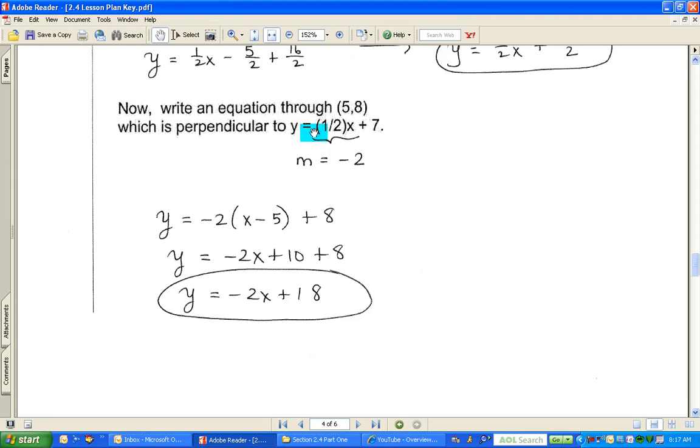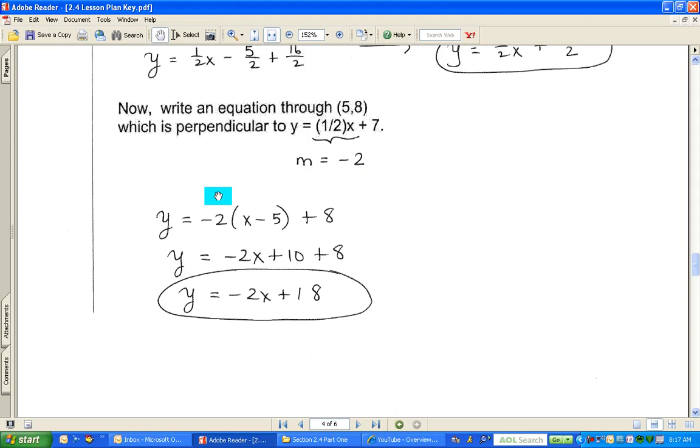My line is perpendicular to it, so my slope is the opposite reciprocal. The opposite reciprocal of 1/2 is -2. What that means in English, I flip it, i.e. take the reciprocal, and I change the sign. So the positive became a negative.